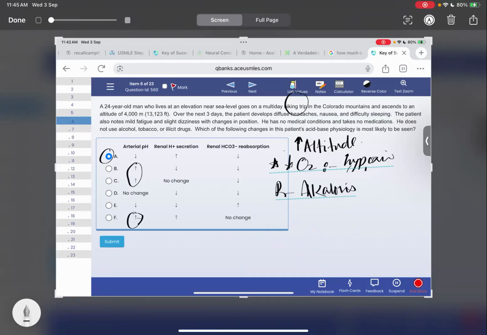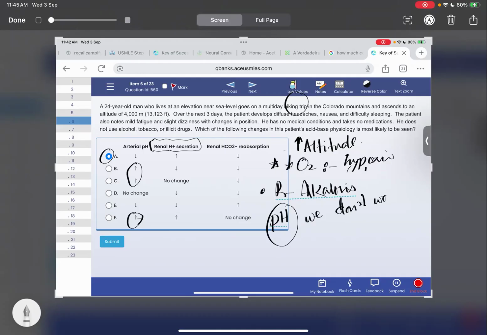So if we have increased pH, what will happen to the secretion of hydrogen? We will have decreased secretion. It is simple, just think about it.